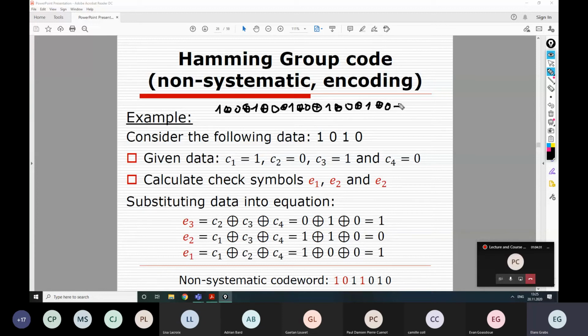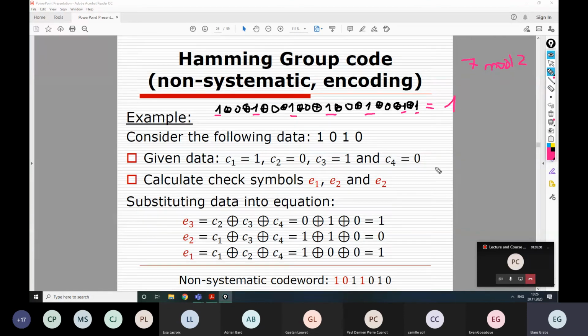What I would need to do is actually to calculate 1 plus 0, that would be 1, plus 1, that would be 0, and so on. But there is a much simpler and easier way. What I'm going to do is to count how many 1 symbols I have here. That's 1, 2, 3, 4, 5, 6, 7. 7 symbols. 7 mod 2 is 1.